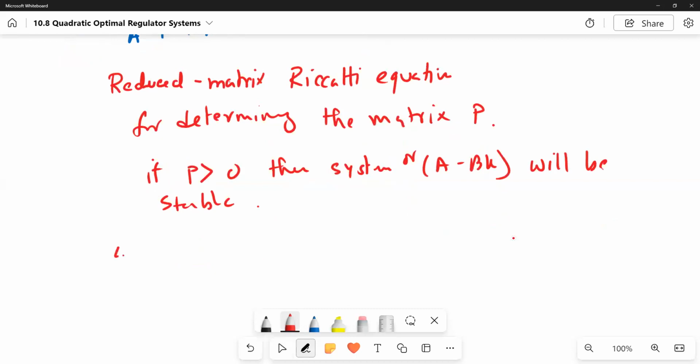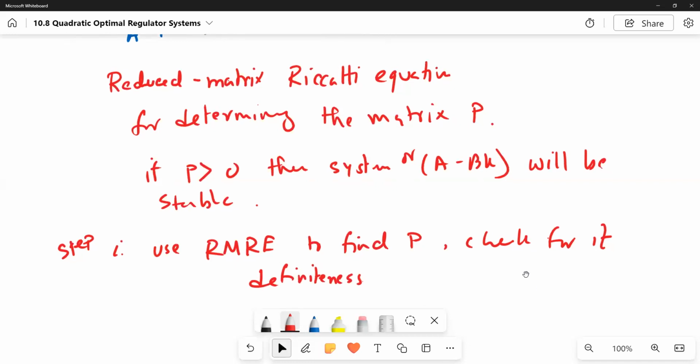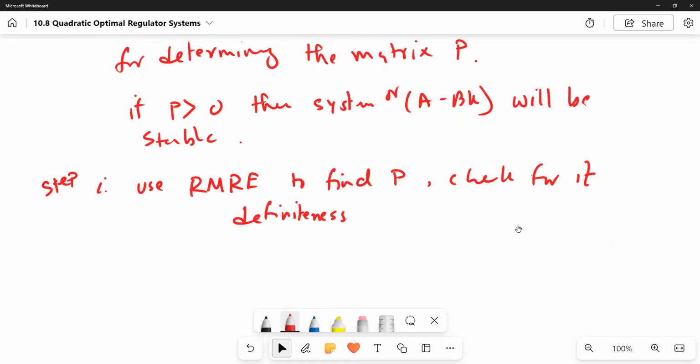Step one: use the reduced matrix Riccati equation to find P, and check its definiteness. If P is positive definite, we can say that our system is stable.